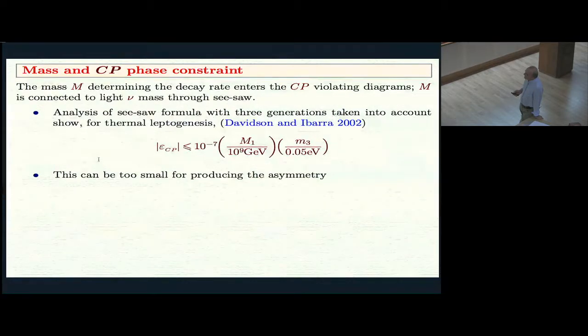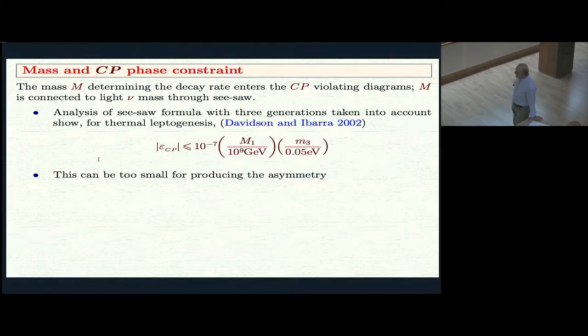So knowing the small neutrino mass, you can estimate how much CP violation you can get depending on the value of the mass here. And they found a number that again comes out too small if M3 is in the correct range, and if M1 you try to put at the scale that Buchmuller and people have found. So this also causes a problem.